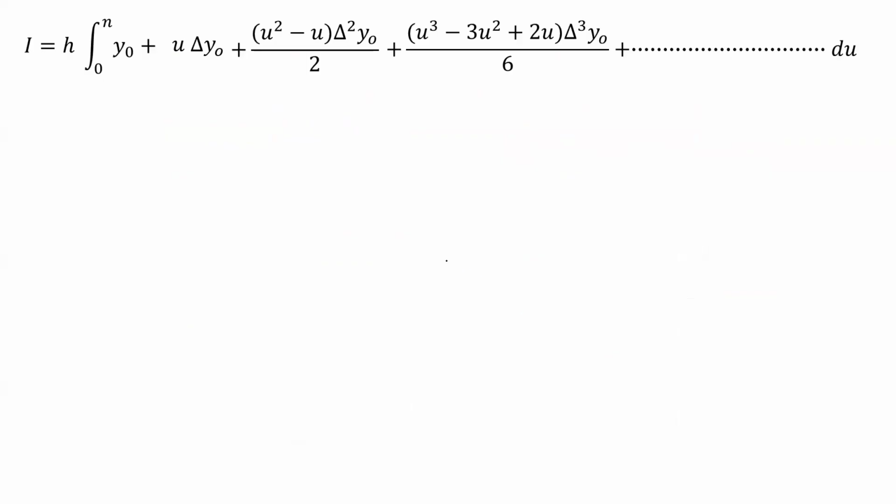Now, this part already, because if you have derived the Simpson's 3/8 rule, then you have to start from here. That is Newton's Cotes formula, or Newton Cotes rule, and from this we have integration with respect to u.